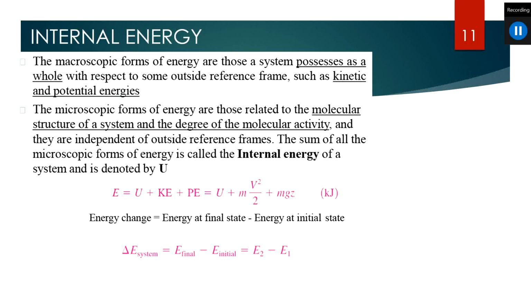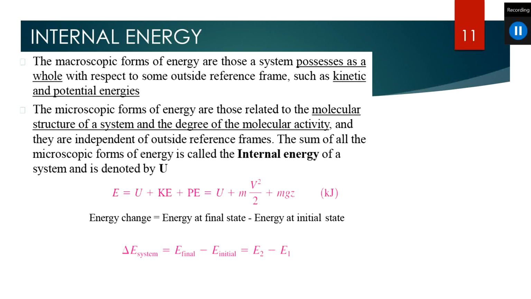Next term is internal energy. I already said that total energy means the total energy of the system entering the system and leaving the system. It has macroscopic energy and microscopic energy. The macroscopic forms of energy are those a system possesses as a whole with respect to some outside reference frame, such as kinetic and potential energies.